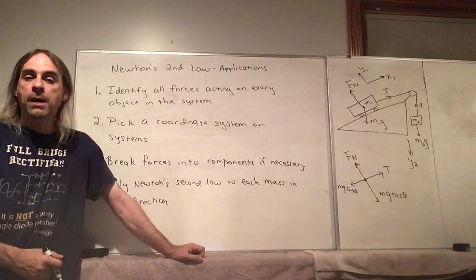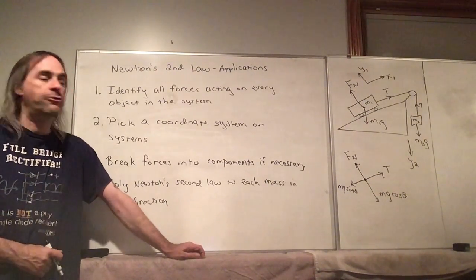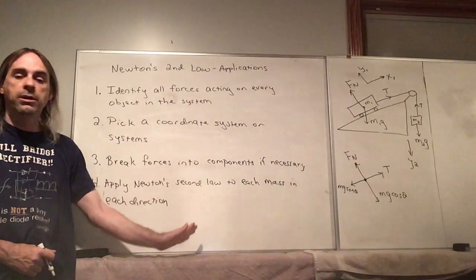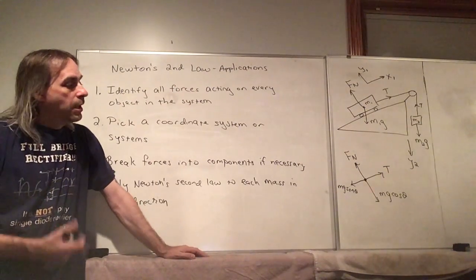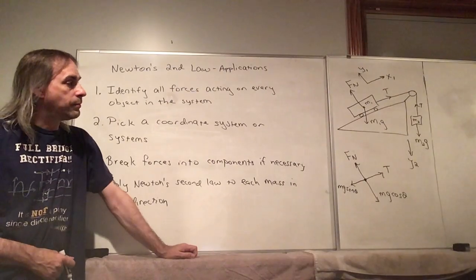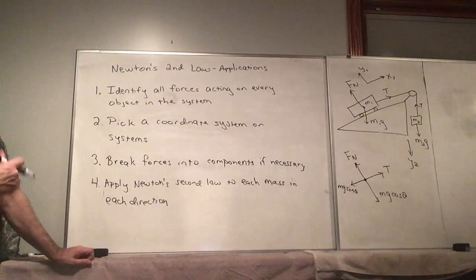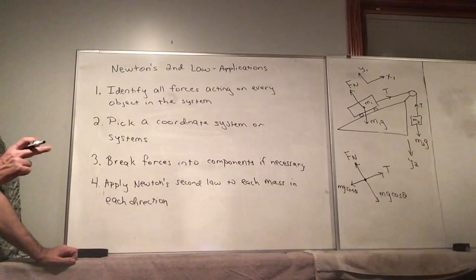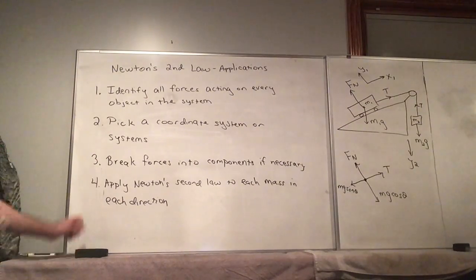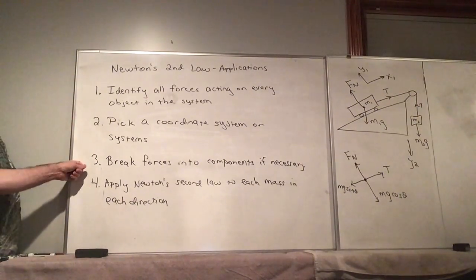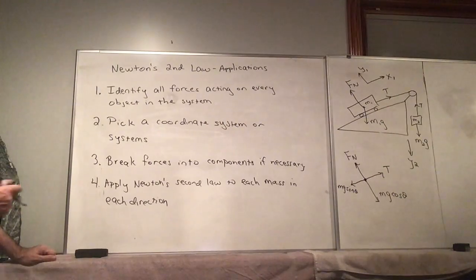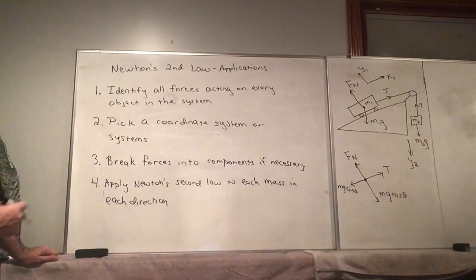We could draw it if we want, but nothing's going on in the x direction for mass 2. It's just going purely vertical. And so we'll have three equations. 2 for mass 1 and 1 for mass 2. And if you've done these first three steps, step 4 is actually easy. Or it should be anyways.